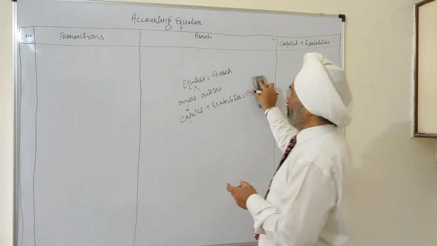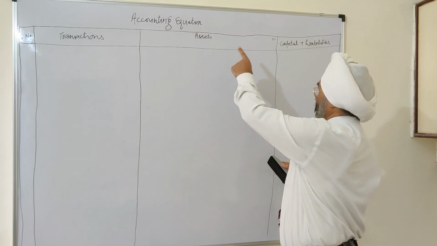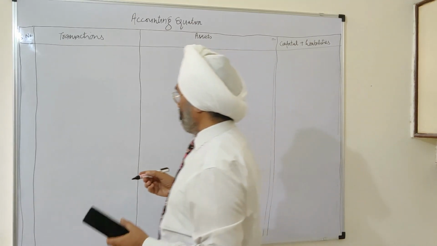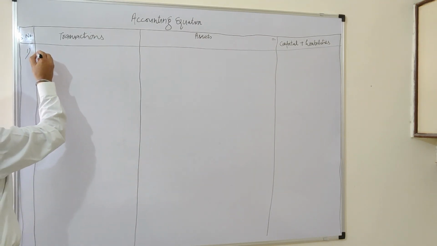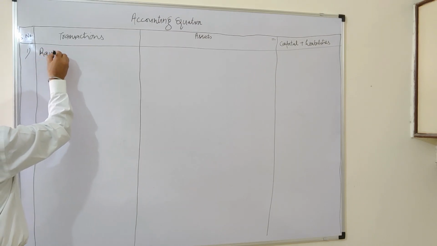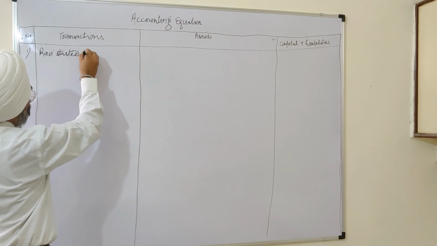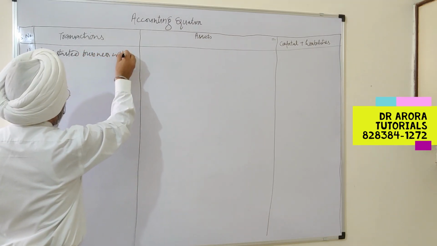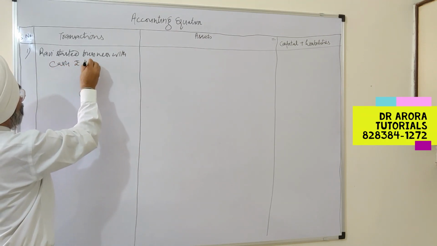So we will prepare 4 columns: serial number, transaction, assets, and then capital plus liability. So serial number 1. Ravi started business with cash, say rupees 1 lakh.